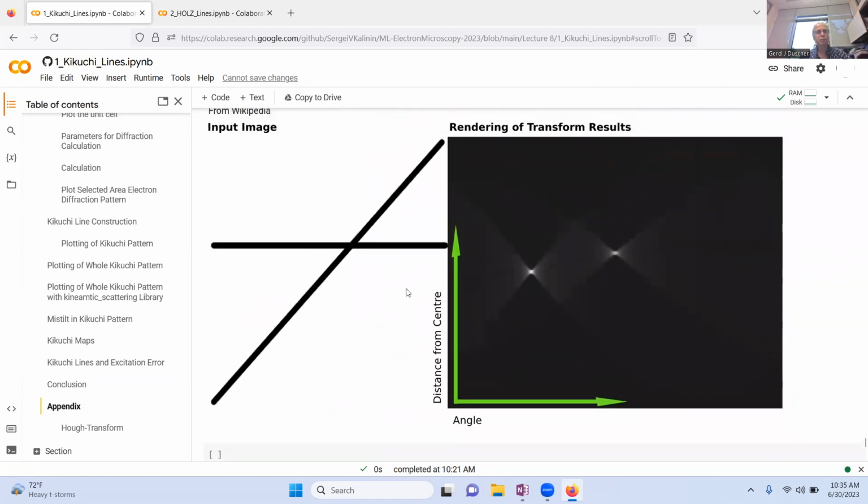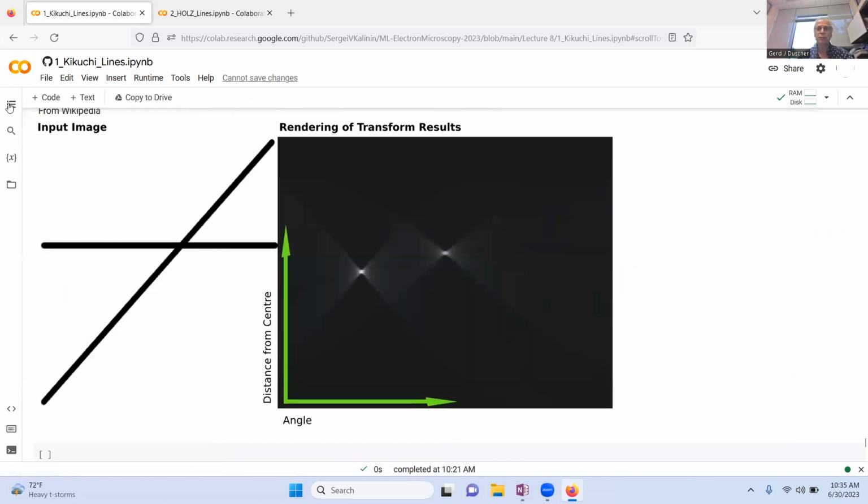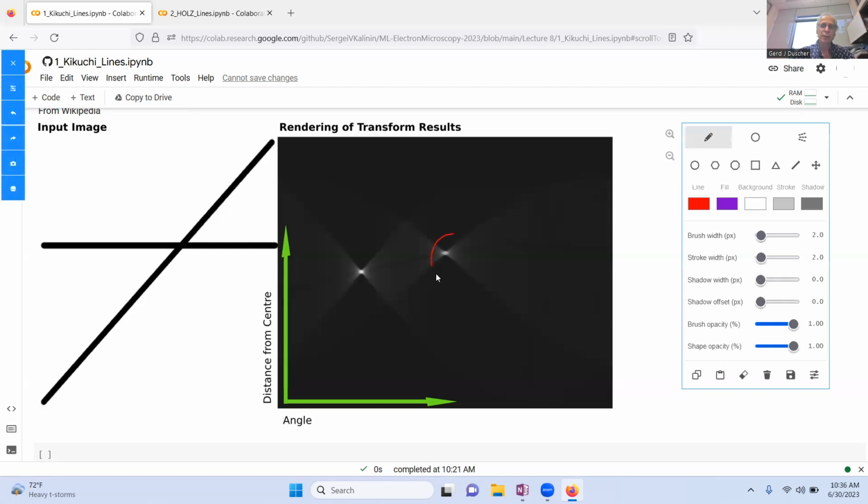In an experimental image, your Hough transformation will get you the same information. So for all possible lines, you get a bright spot in your Hough transform. What you do is, for each spot that you have in your pattern, you say, okay, if it is a line, it has a set distance and would have all angles.